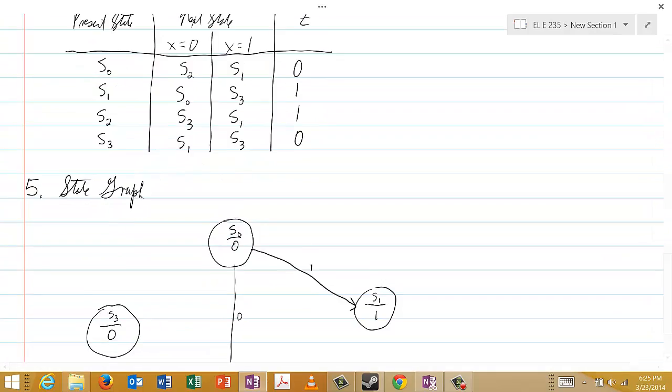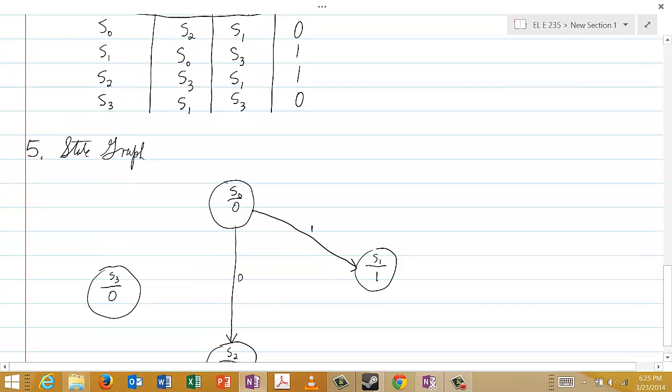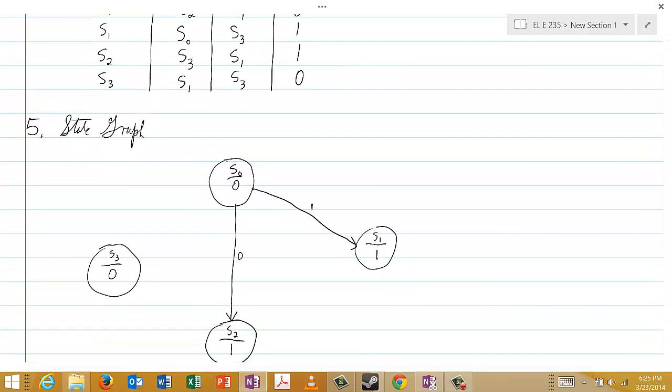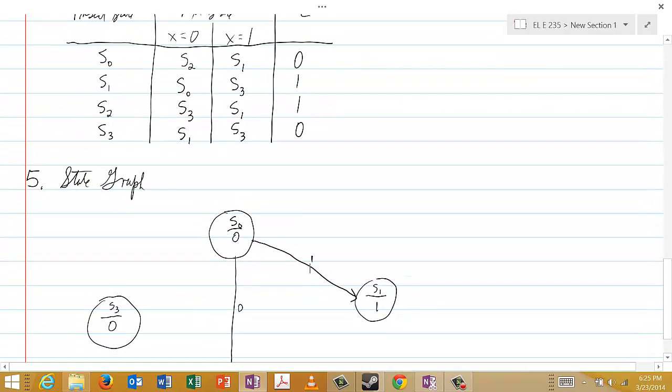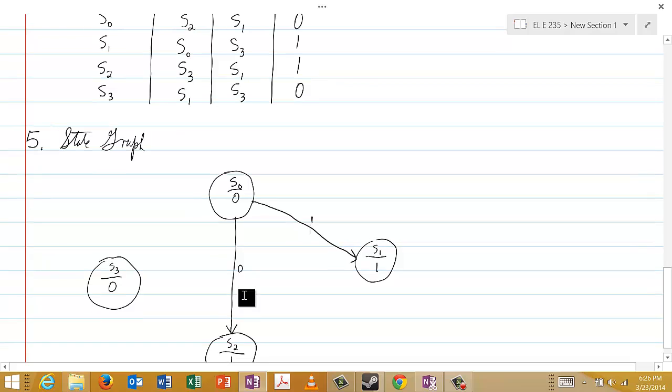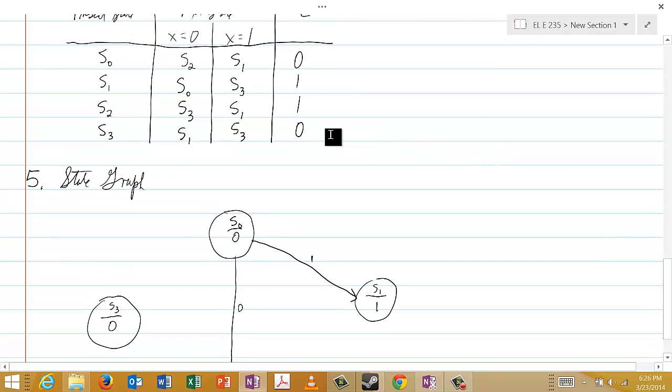Okay, so resuming now, we have two lines. This is important to check. We have two arrows exiting the S0 state, and those represent what will happen if x is equal to 0 and x is equal to 1. Now, in each case, for each one of these states, we should have two arrows exiting, and that's something to check when you finish. So let's proceed.